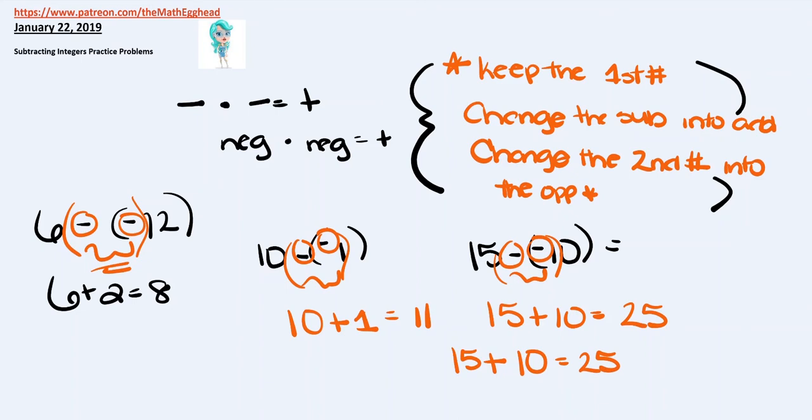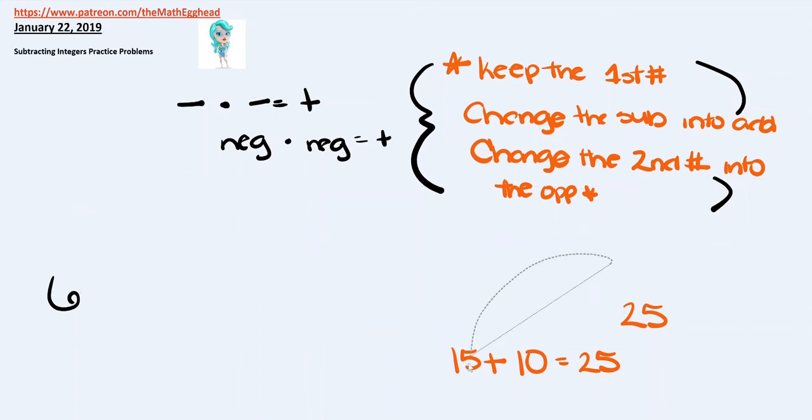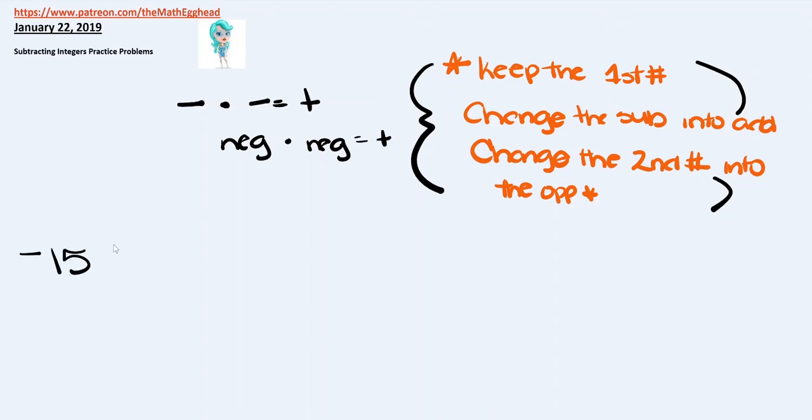Okay, guys, let's do another problem here really quick. I'm going to leave the rules there so that you guys can take a copy at any point. What if we had negative 15 minus 10? Then what would you do? Well, it's still two signs.